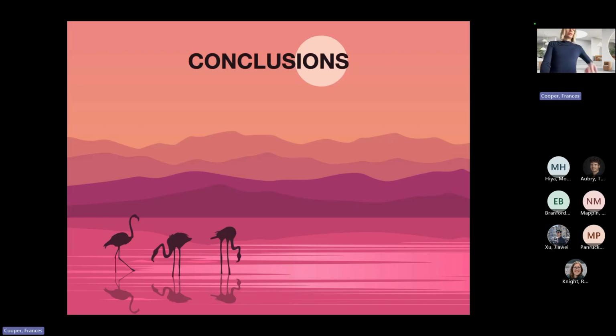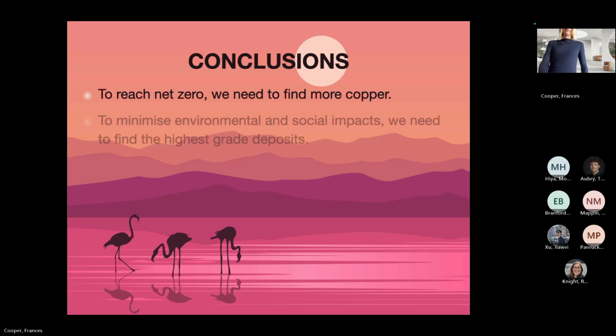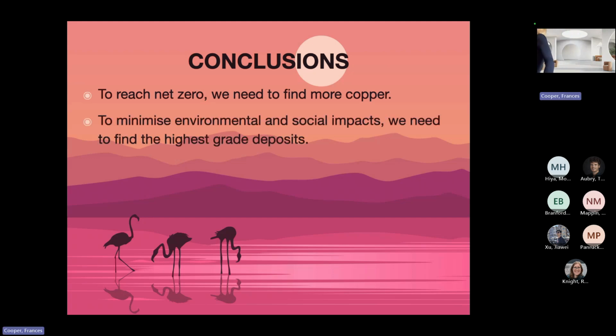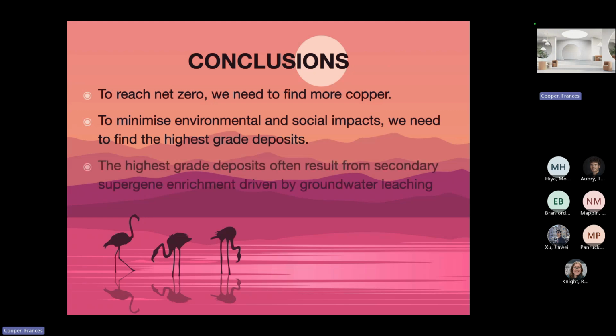So to conclude, to reach net zero, we need to find more copper. And again, to minimize environmental social impact, we need to find the absolute highest grade deposits that we can. And these high grade deposits often result from this secondary supergene enrichment process, which is driven by groundwater leaching.